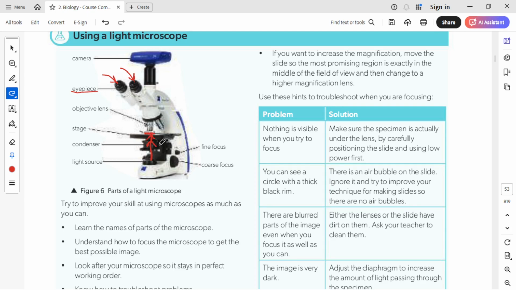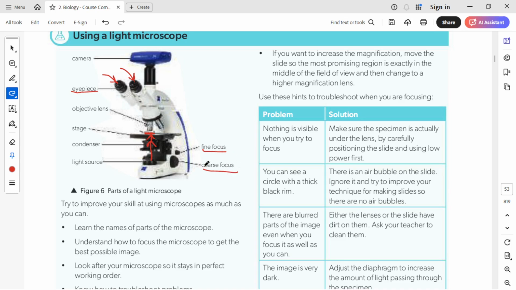Now, to make the resolution even better, you have a fine focus and a coarse focus. When you have put your object here, set your eyepiece, set your objective lens, put your slide over here with the thing that you want to see, and switched on the light source, after that you will first do a coarse focus. The coarse focus will make the picture a little bit clear.